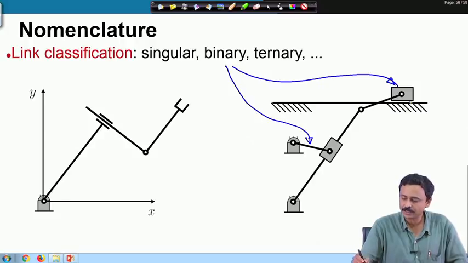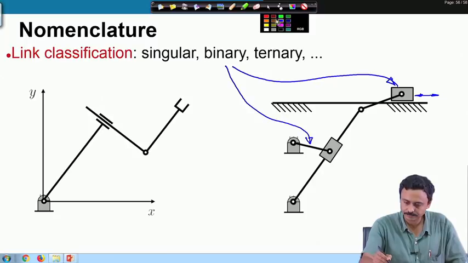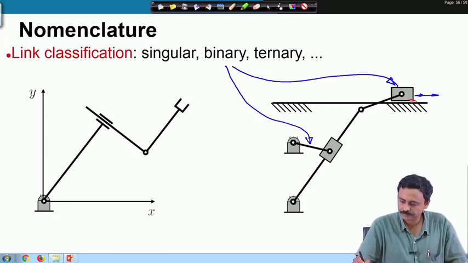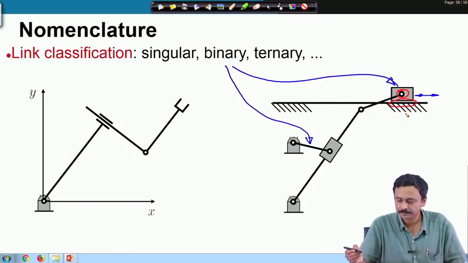As I have mentioned, this slider slides against the ground. So, that is one connection point. This sliding connection is one connection point and this hinge is another connection point. Therefore, this slider is also a binary link.